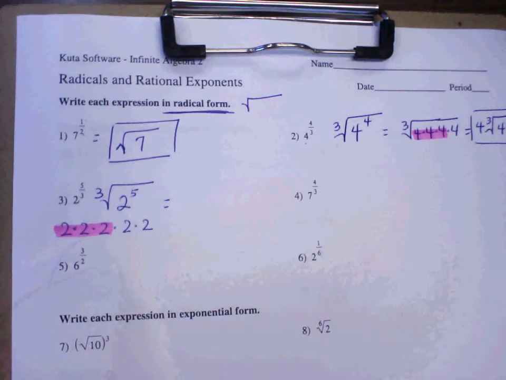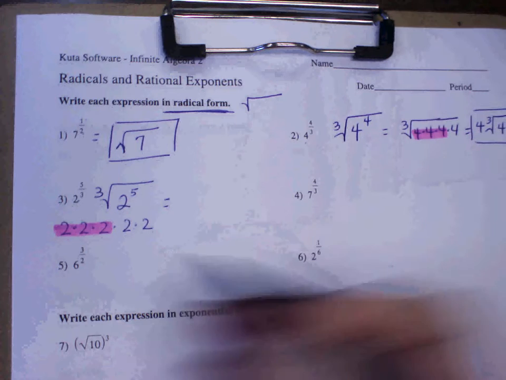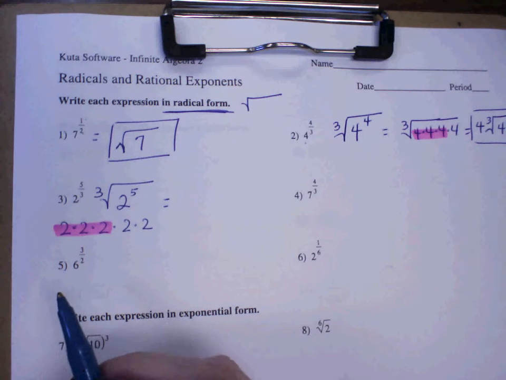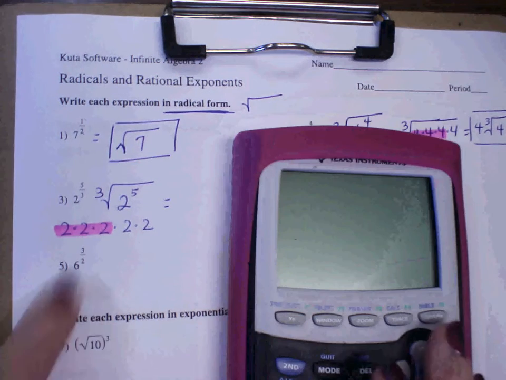So how many 2's come out? All right, again, for every 3, 1 comes out. I've highlighted them for you. Those 3 make 1 because it's a cubic root.